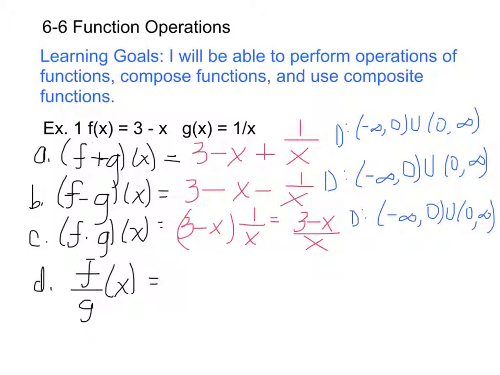And then the last one is dividing. And same domain. And there you have it.